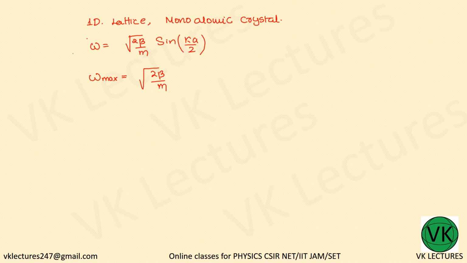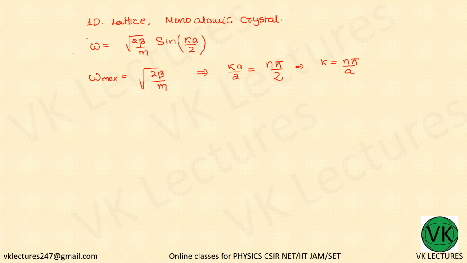So sine Ka by 2 will be equal to 1, which means Ka by 2 should be equal to n pi by 2. Now here the 2 gets cancelled, K is equal to n pi by a.